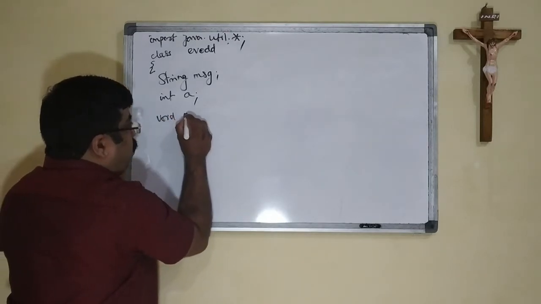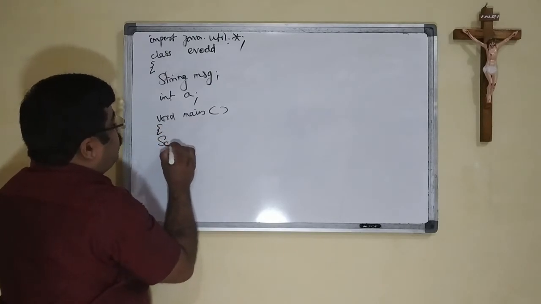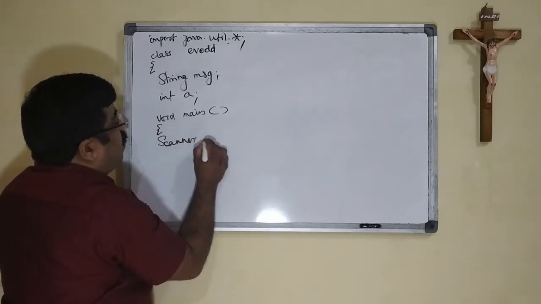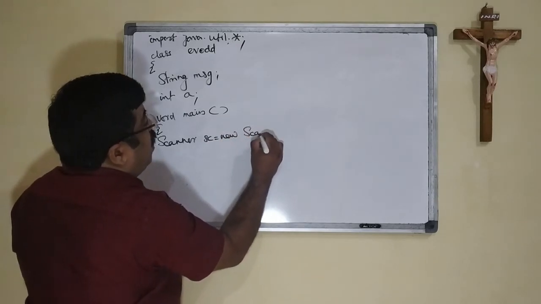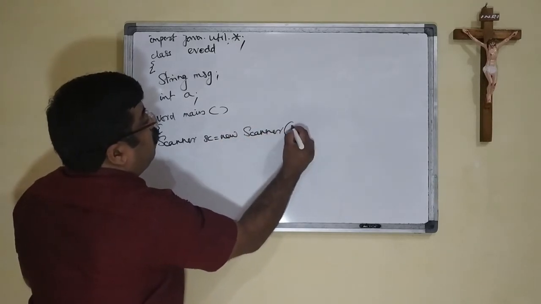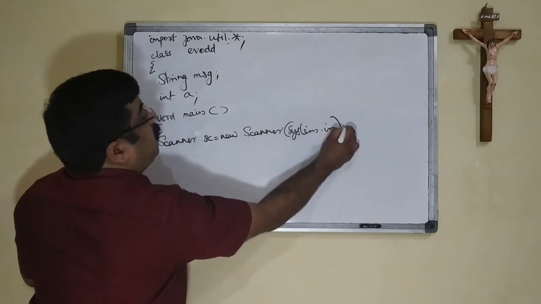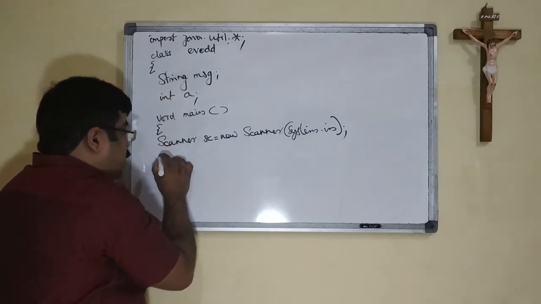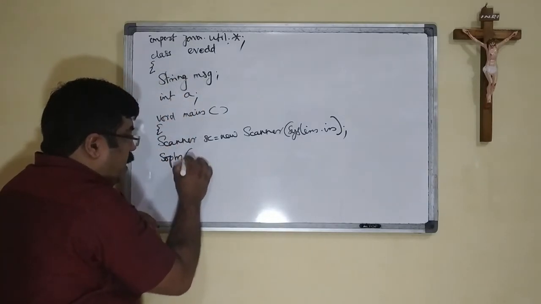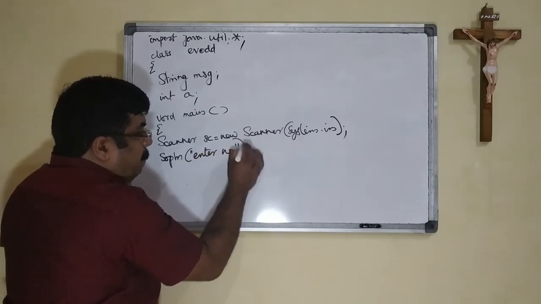Void main, give the scanner class, Scanner sc is equal to new Scanner with System.in, then a message for inputting the number, SOPLN, enter number.